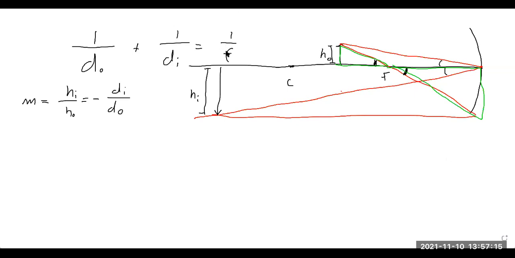That means that our object height over our image height, we're just keeping the ratio the same, our image height over our object height needs to be equal to this length here divided by that length there.